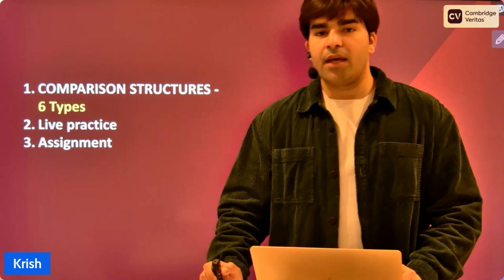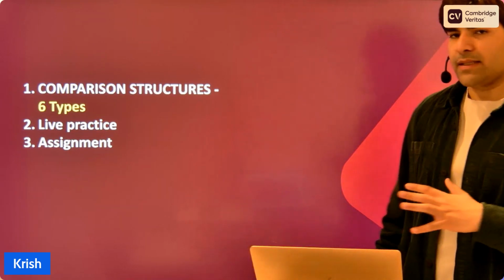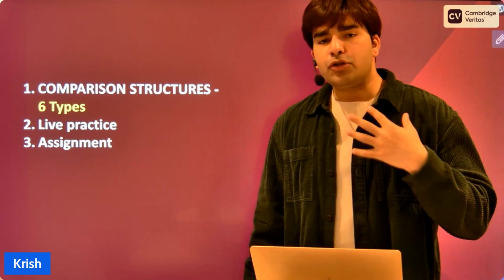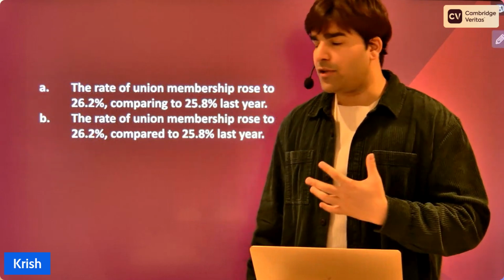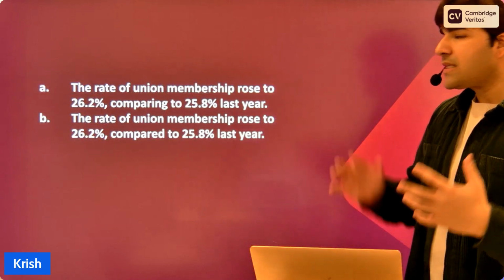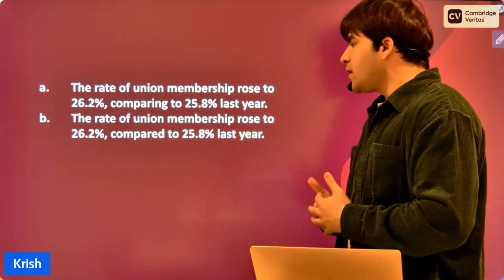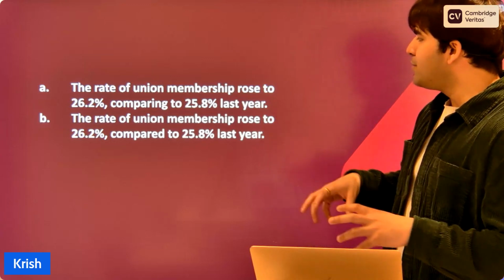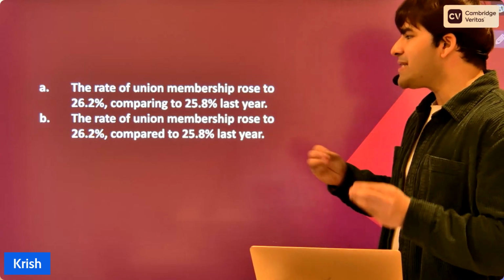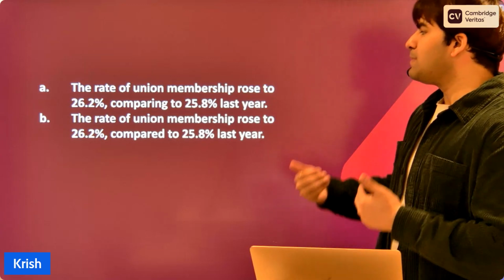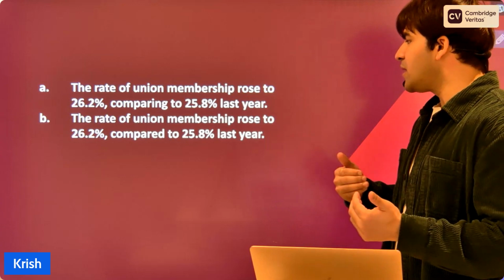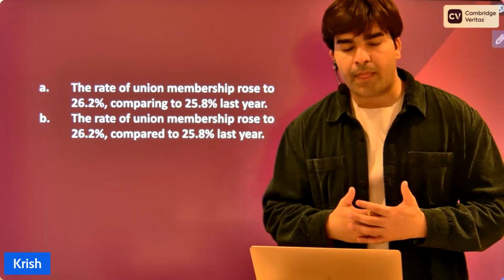Let's begin. Now, before we start today's lesson, I want to give you 2 simple examples on the screen. Please have a look. Sentence A: the rate of union membership rose to 26.2%, comparing to 25.8% last year.